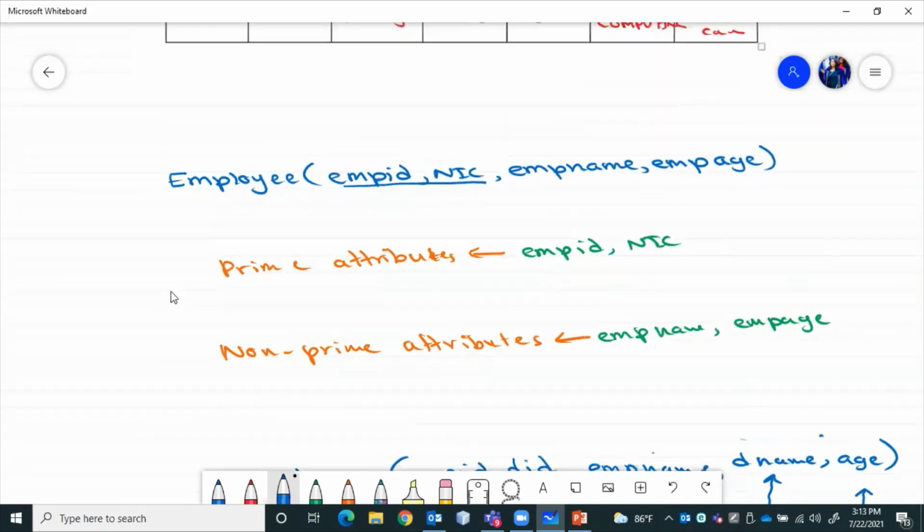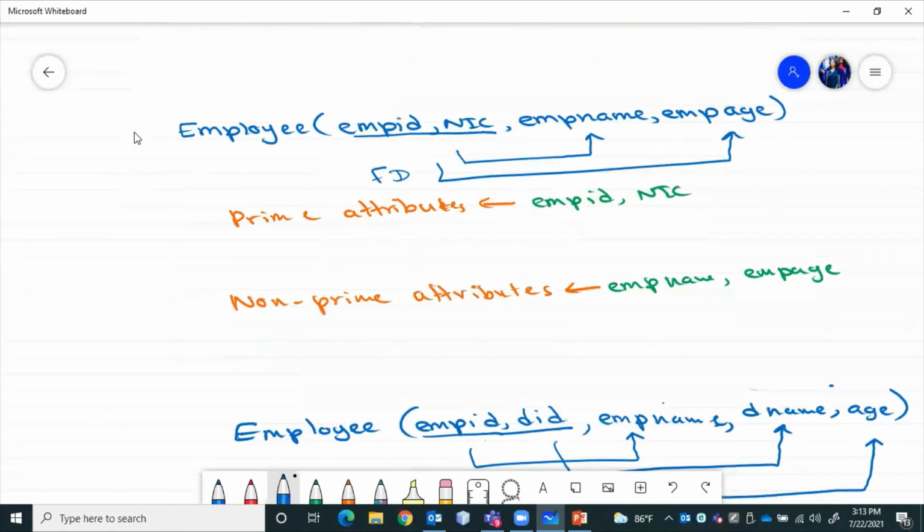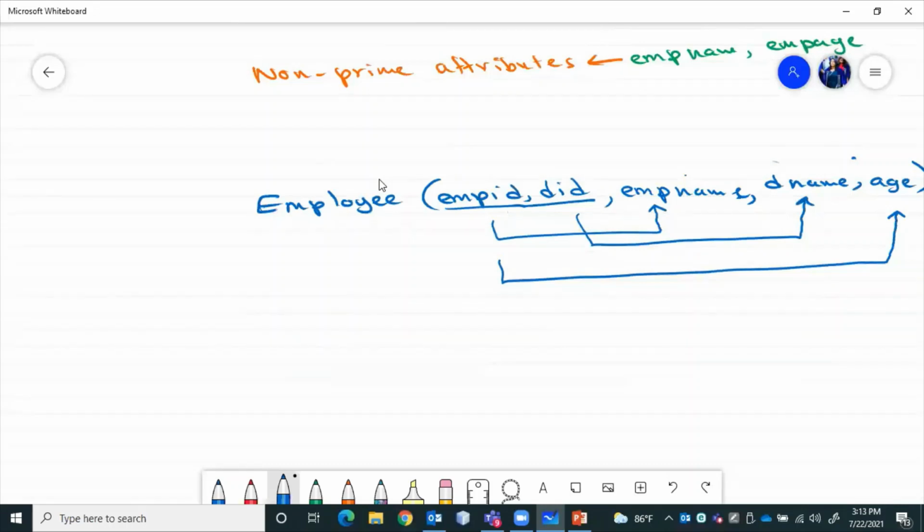Look at this one. Employee ID, NIC, employee name is fully depending on the employee ID and the NIC, right? Employee age is fully depending on the employee ID and the NIC, the primary key. The entire thing is the primary key, right? This is full dependencies, FDs. But here what we have is not FDs, we have partial dependencies, right?